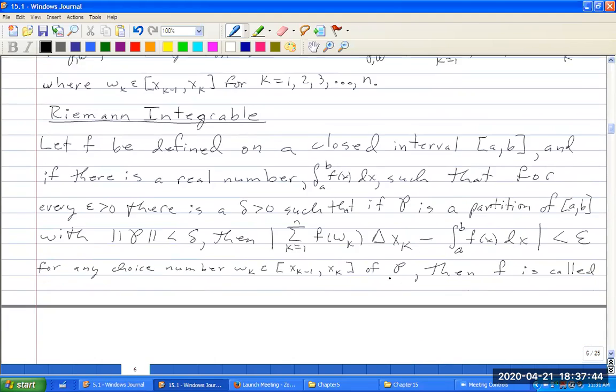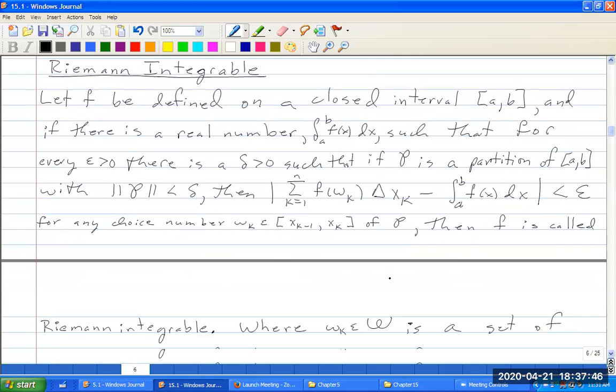Riemann integrability. Let f be defined on a closed interval a to b.